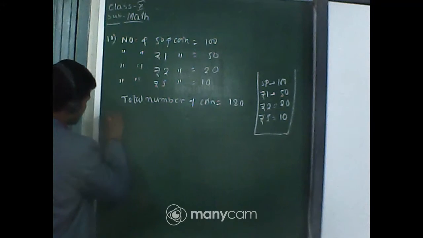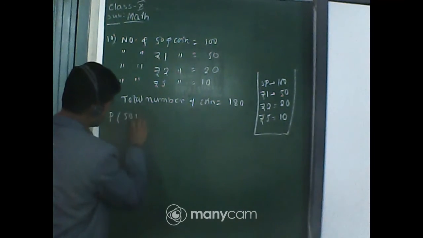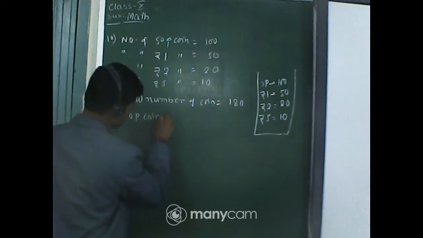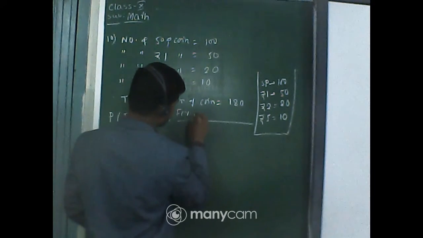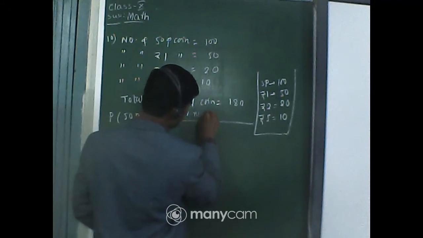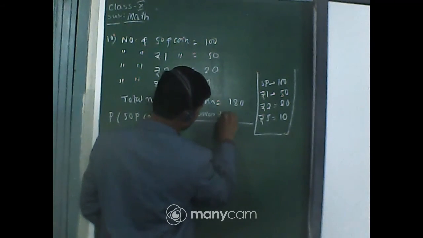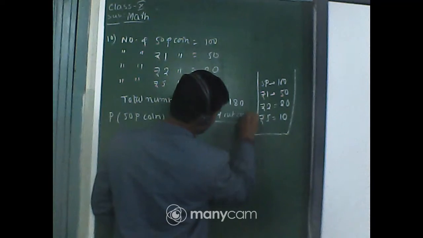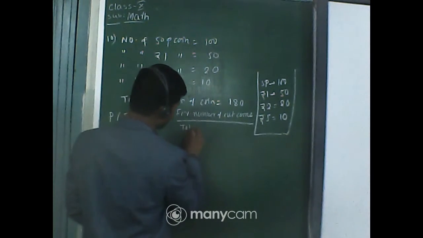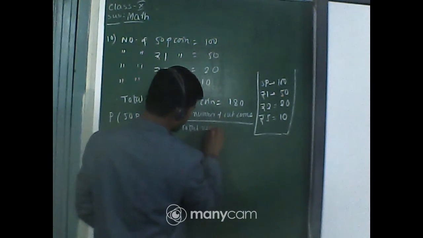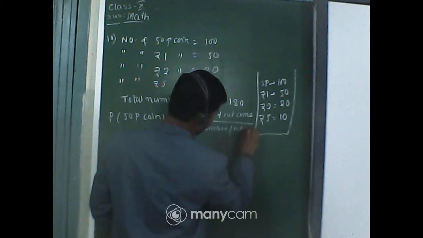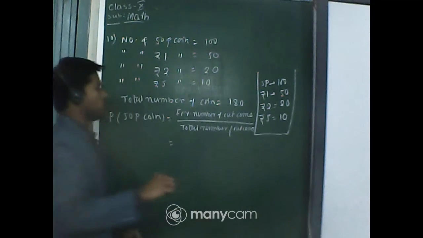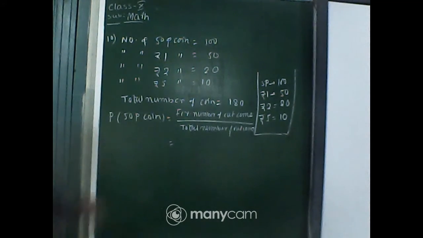So probability of 50 paisa coin. Write the formula, favorable number of outcome by total number of outcome. Okay, what is the favorable number of outcome corresponding to the event 50 paisa coin?